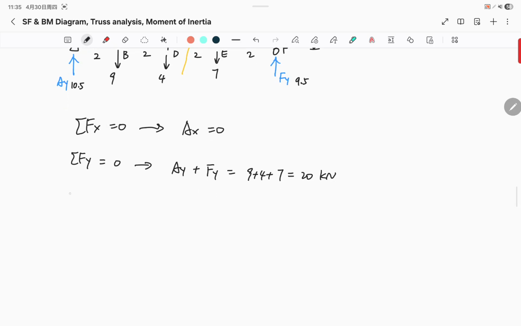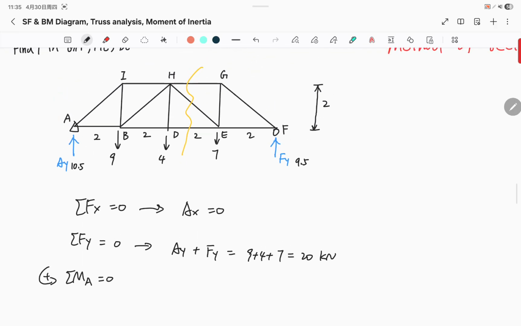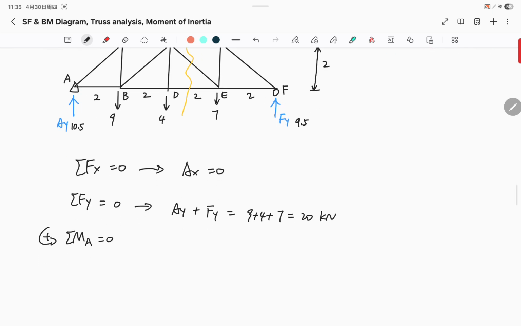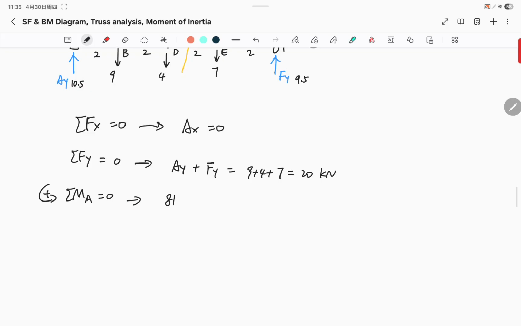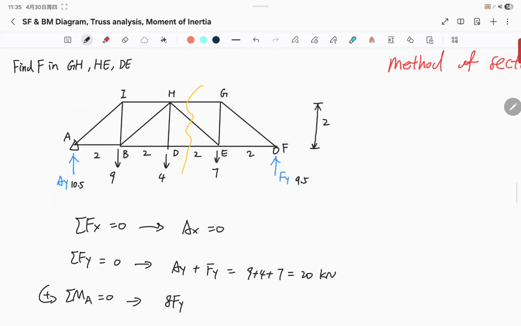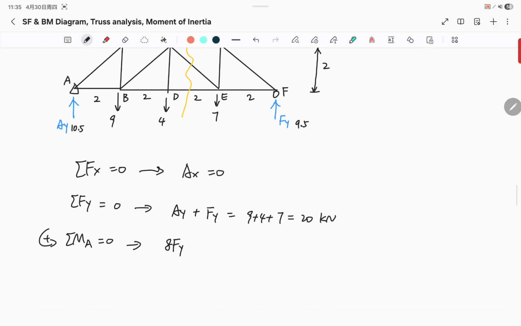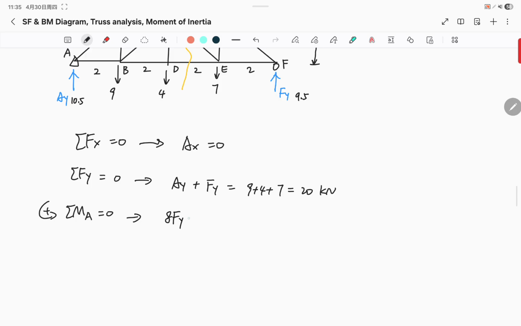Then we take moment at A to be 0. Fy times the distance, which is 8, equals the 9 kilonewton force, the 4, the 7: 2 times 9 plus 4 times 4 plus 6 times 7.